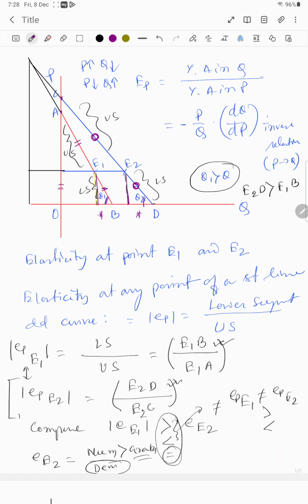No, there is no similarity between the triangles. The perpendicular is equal, and the side opposite to the right angle is larger than that one. So the base of this triangle will be larger than this base.